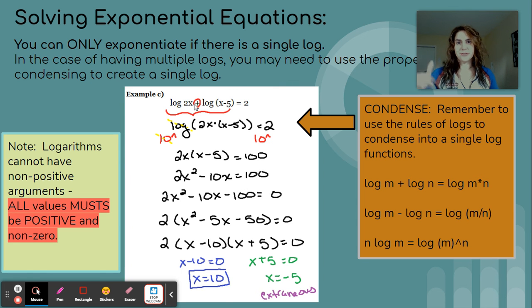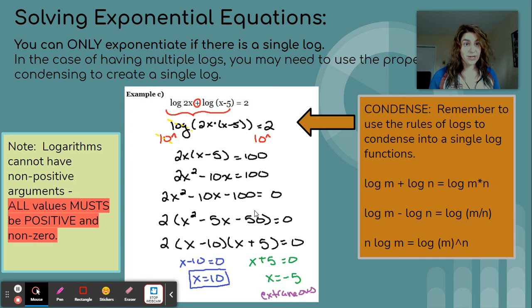So if I plug a 10 in, 2 times 10 is 20, great, it's positive. In this one, 10 minus 5 is 5, it's positive, great. So I know 10 is a valid answer. If I put a negative 5 in, well, 2 times negative 5 is now negative 10. I cannot have a negative argument. So even though it was an answer to the problem I was solving, it's not actually an answer to the log.